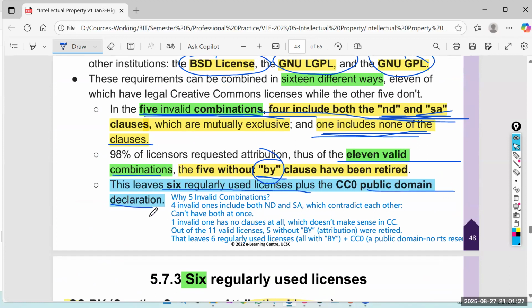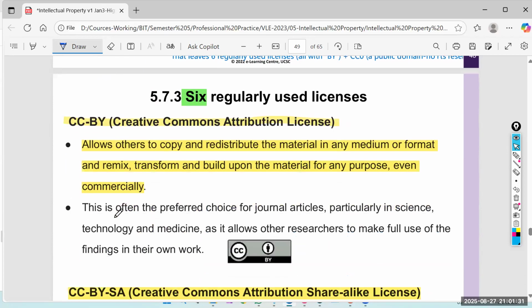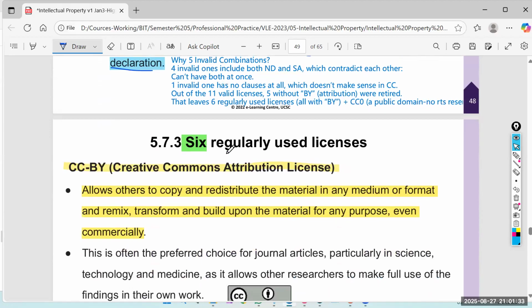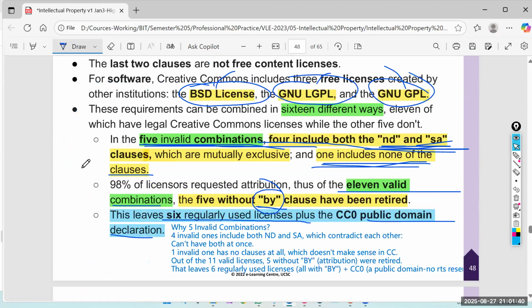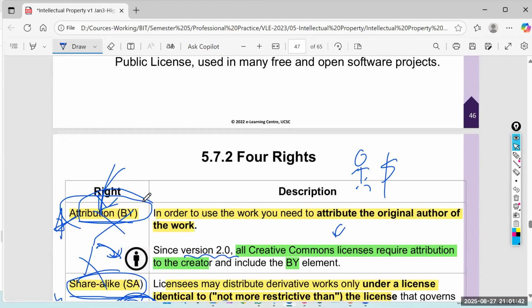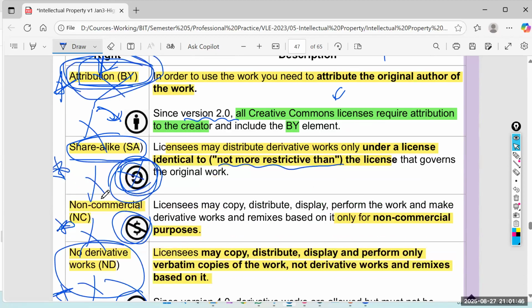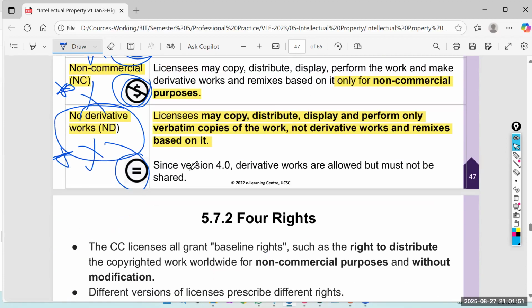Public domain means you are not interested in licensing. So these are the six regularly used or widely used licenses. Remember, BY must always be there. You can't have a license without BY from 2.0.